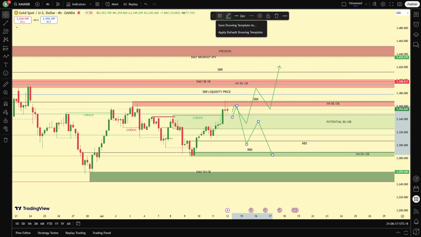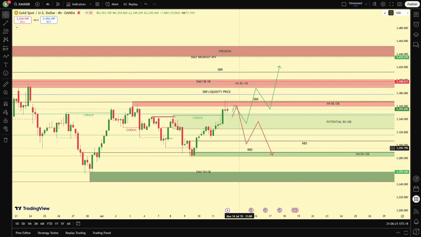So this is the scenario or the path for the bearish order block, because here it might be an internal change of character, and then the price goes back into our level. Here it will make a bearish order block if it's going to be a bearish momentum.